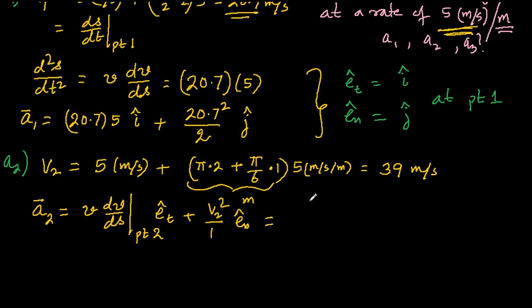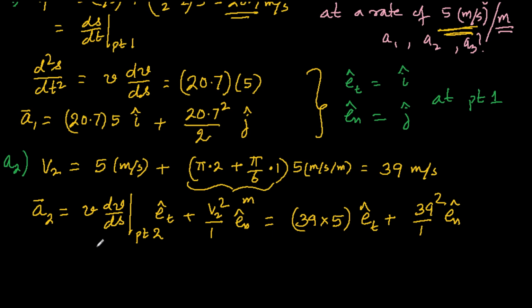So velocity is equal to how much was velocity? 39, so 39 times 5, times et, plus 39 square over 1, en.